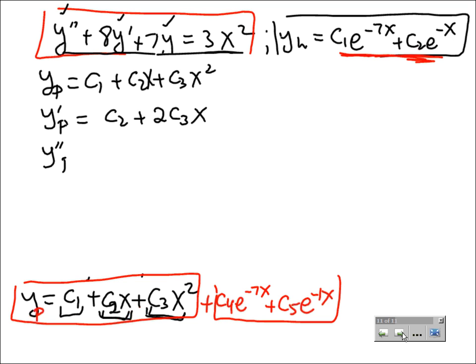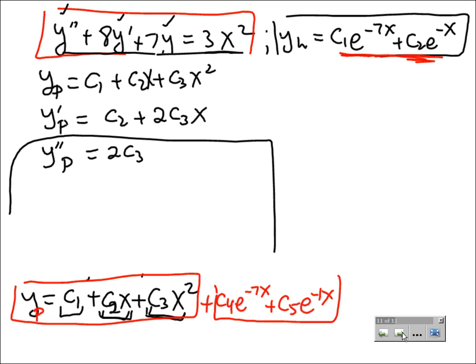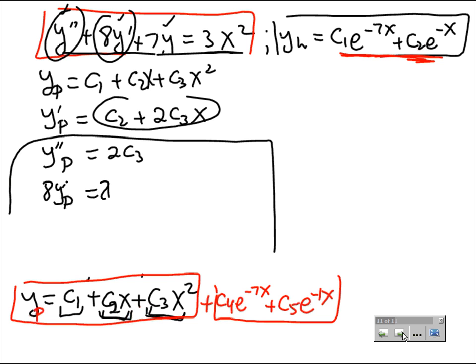And the second derivative is just going to be 2c3. So I'm going to put everything I need below here. I just needed y double prime, so I already have it. Now I need 8y prime. It says 8y prime, so I'll multiply this by 8. I get 8c2 plus 16c3x.